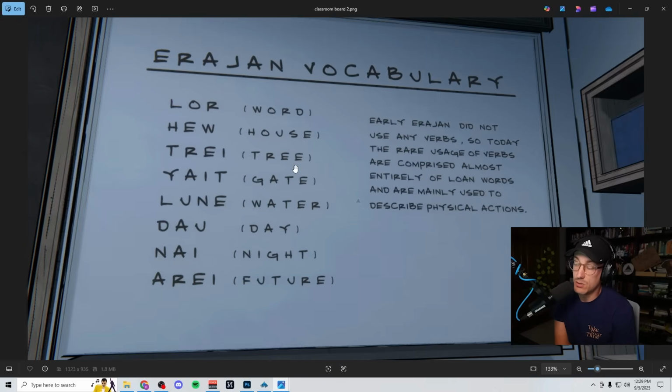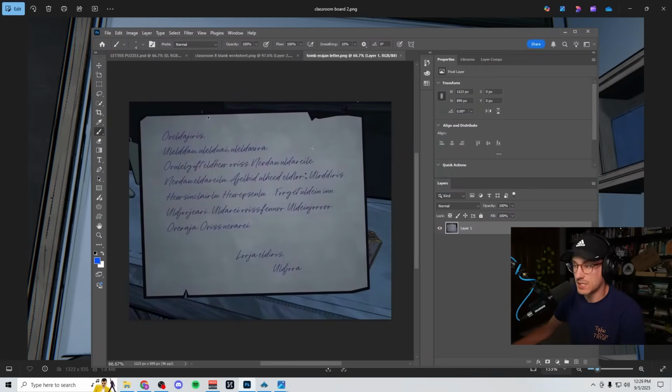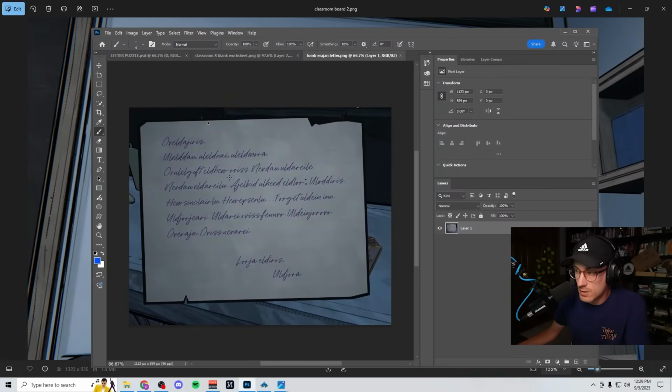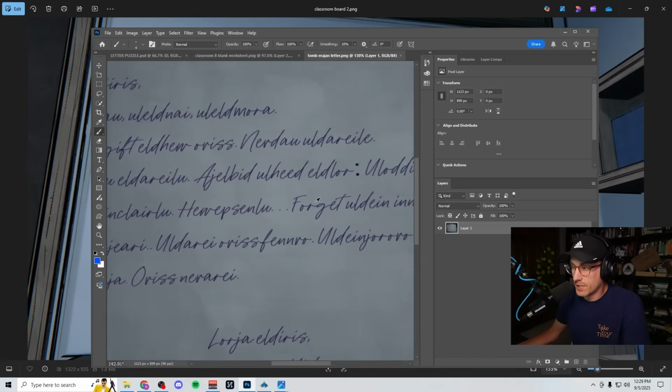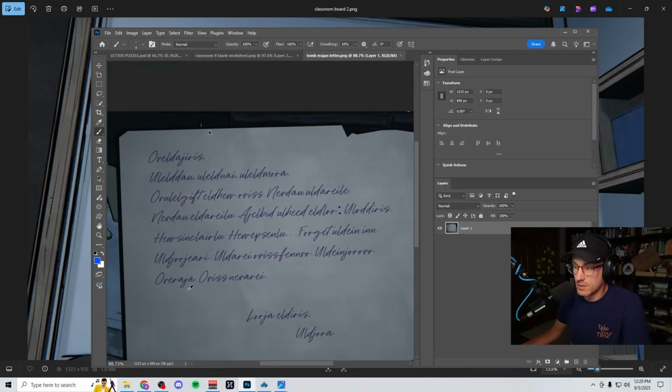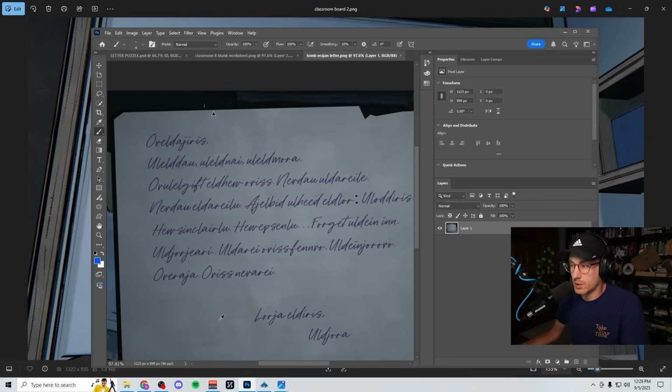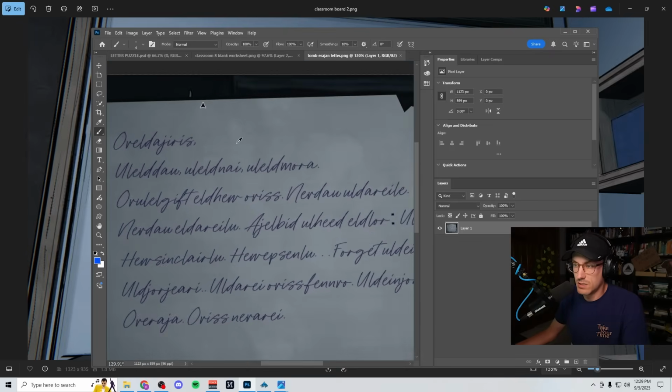Earlier erosion did not use any verbs, so today the rare usage of verbs are comprised almost entirely of loan words and are mainly used to describe physical actions. I feel like I saw that in this letter somewhere. I thought I saw a verb. Forget? Probably forget. That's not a physical verb, but we saw Sinclair.